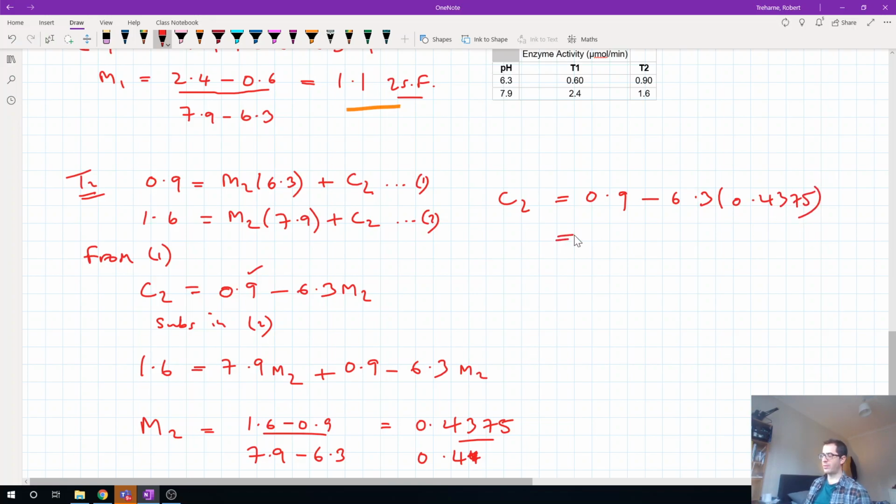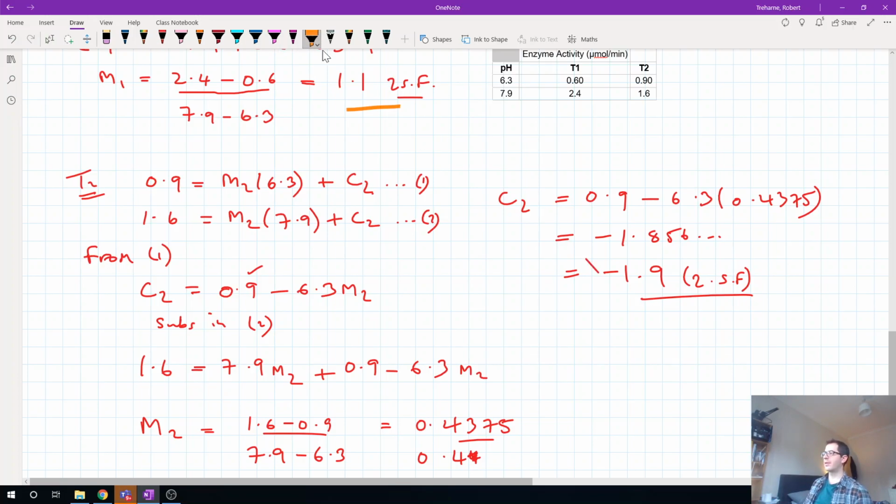Okay, that gives me a value of minus 1.856, which really, because I'm subtracting these, should have the same number of decimal places, so that's minus 1.9 to 2 sig fig, okay? Right, so there you go.